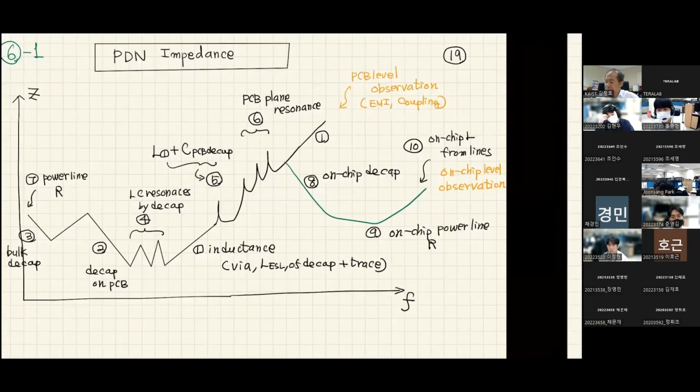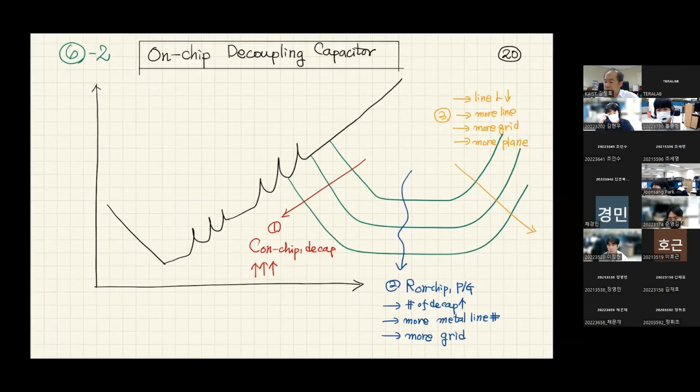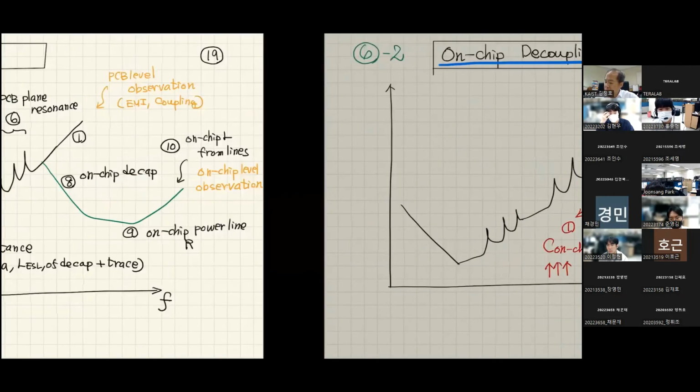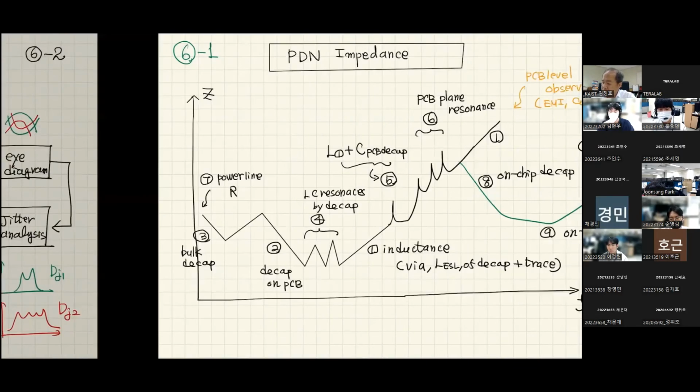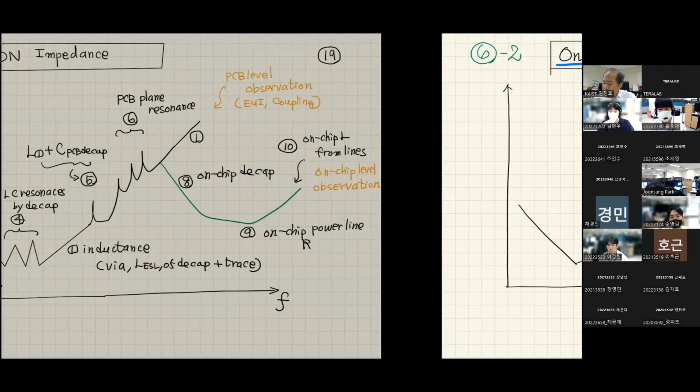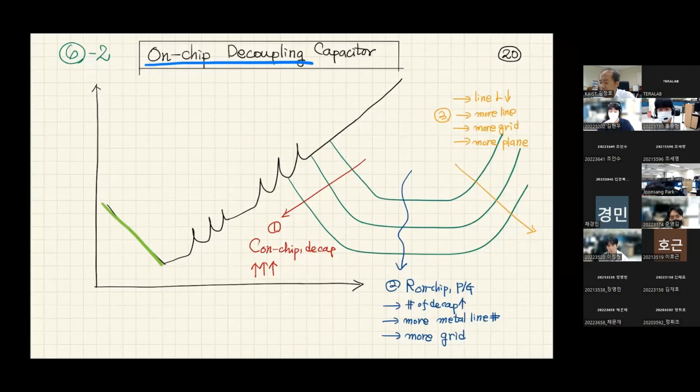Now, I'd like to move on to the on-chip decoupling capacitor design. I mentioned many times, at low frequencies, impedance will be dominated by total capacitance, and we're gonna have some resonances.